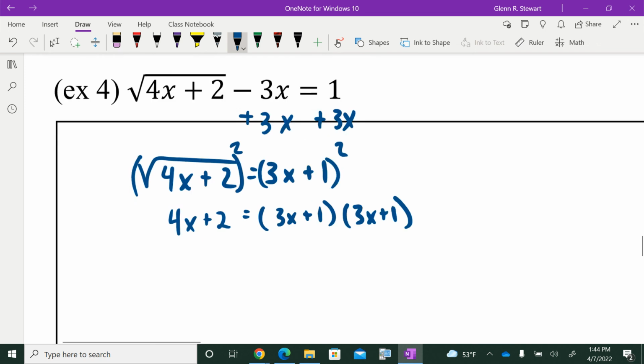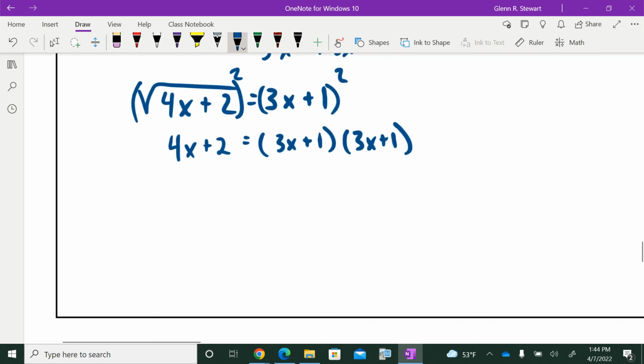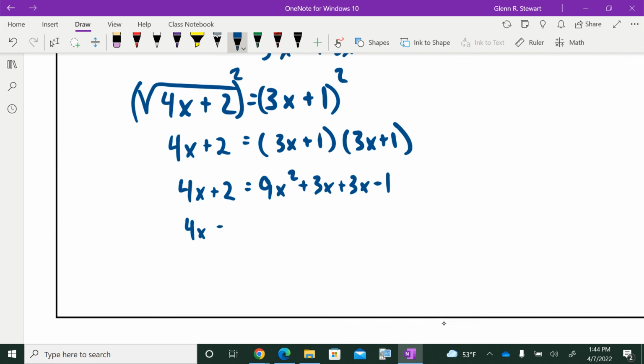So now what I'm going to do from here is FOIL that right side. So I've got 4x plus 2 is equal to 9x squared plus 3x plus 3x plus 1. So 4x plus 2 equals 9x squared plus 6x plus 1.